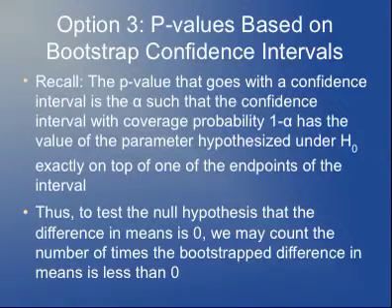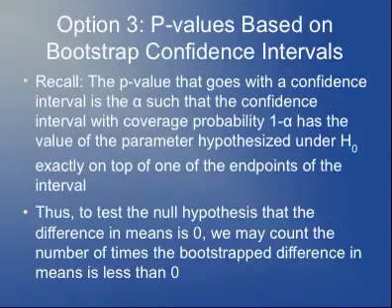And another way that you can calculate p-values using bootstrapping is to base your p-values on bootstrap confidence intervals. We discussed this briefly on Monday, that given a confidence interval with coverage probability 1 minus alpha, then, well, maybe I should phrase this differently.